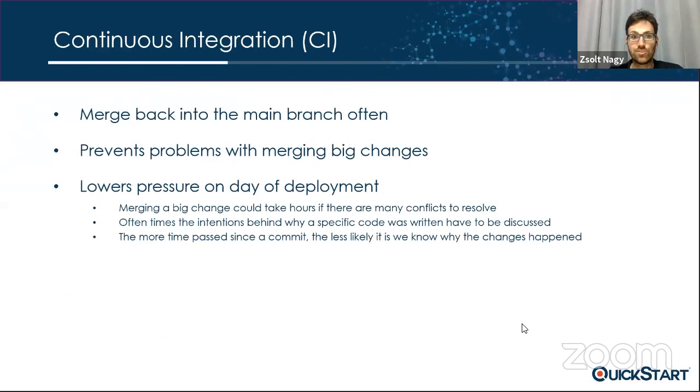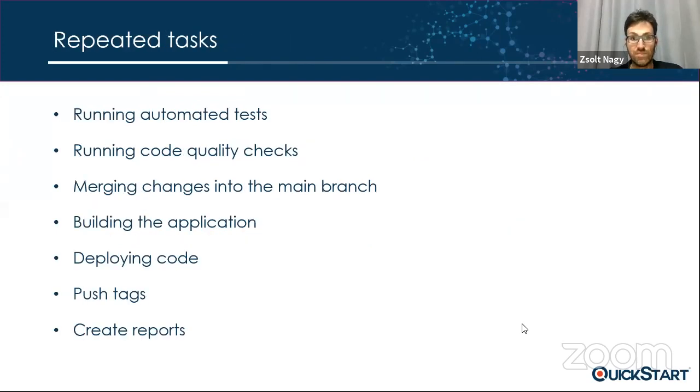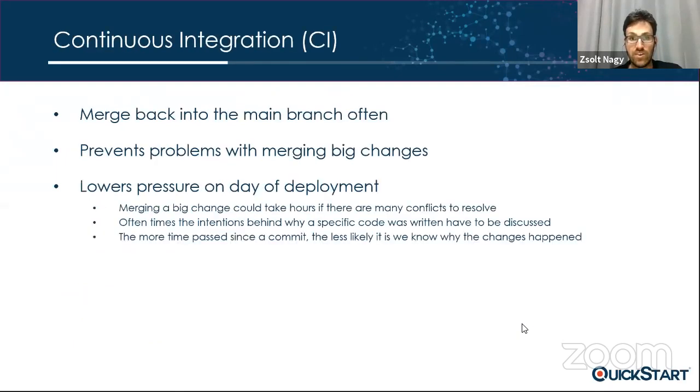So as a solution for automating some of these repeated tasks, there were some concepts introduced. One of the concepts is called continuous integration, or CI in short. That's the CI part of CICD. The mantra of continuous integration is that we merge back to the main branch, which I called the master branch so far, as often as possible.